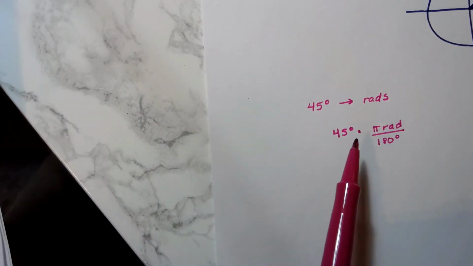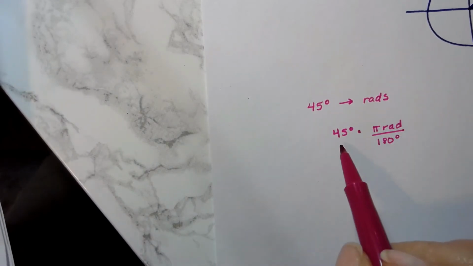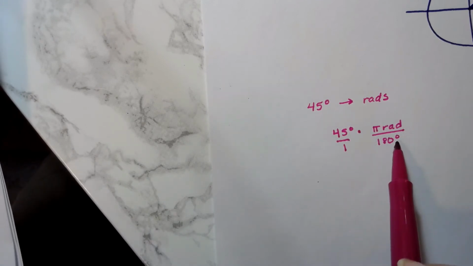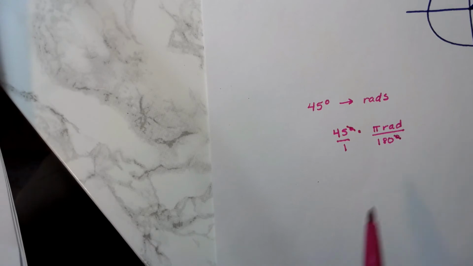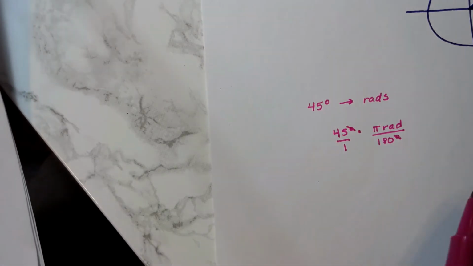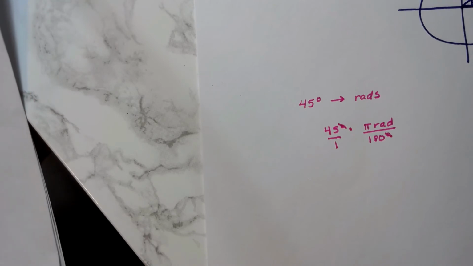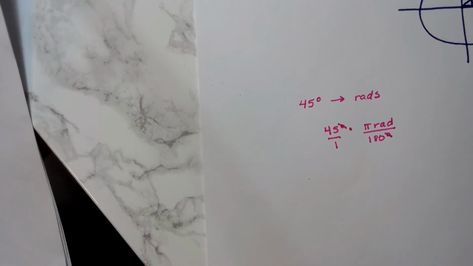I want you to notice that I've got degrees, so this is over 1 if you want. Degrees are on the top here and on the bottom here, so those units are going to cancel. And what am I left with? Radians.